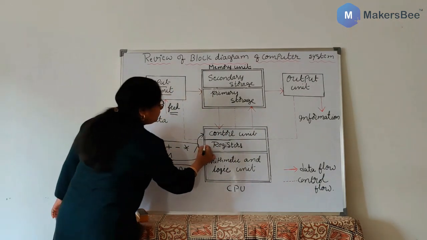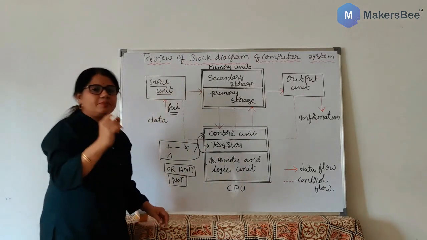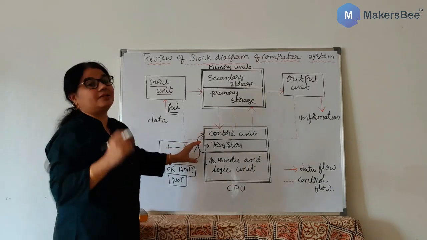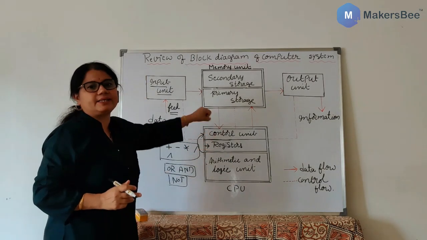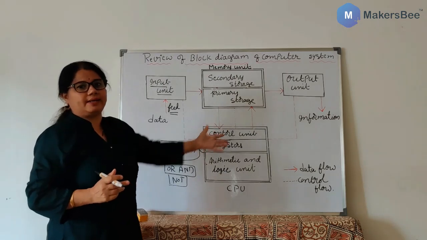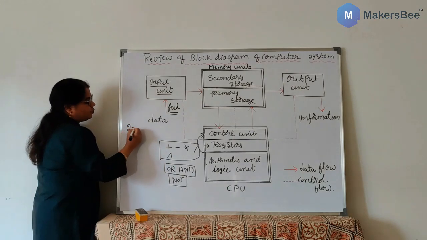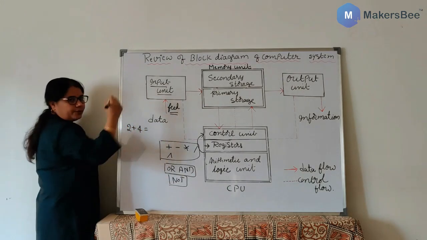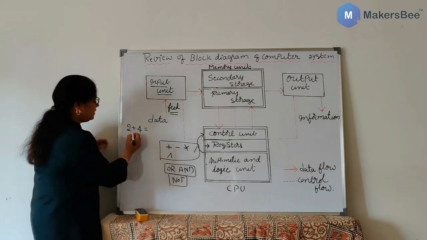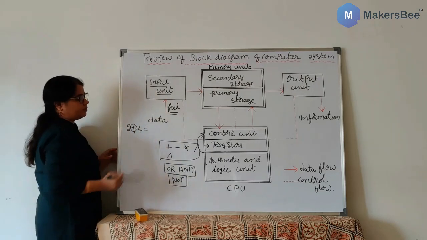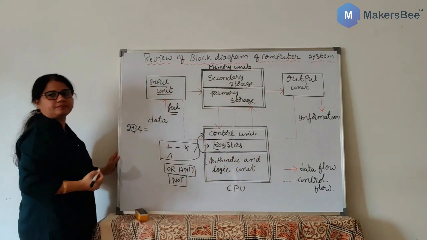And now let's come to the registers. These are the high speed temporary memory of the computer, or the scratch pad of the computer, where all the intermediate data are stored and erased. See here, let us take the sentence 2 plus 4 is equal to. The 2 and 4 along with this instruction are all stored here in the registers.